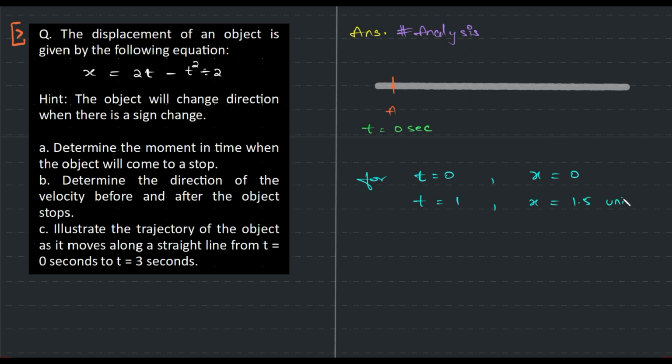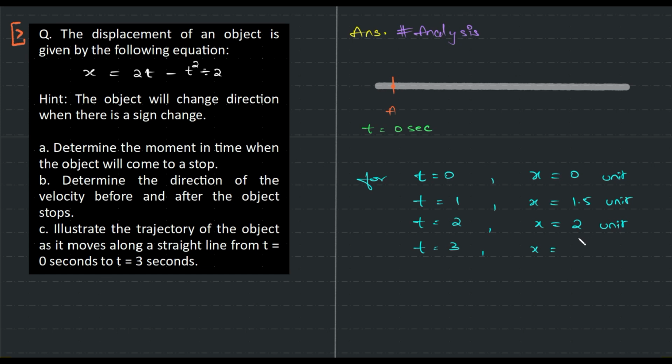So many units. And t equal to 2, x will be equal to 2 times 2 is 4 minus 4 by 2, that is 2 units. This is displacement, right? t equal to 3, x is equal to 6, 9 by 2.